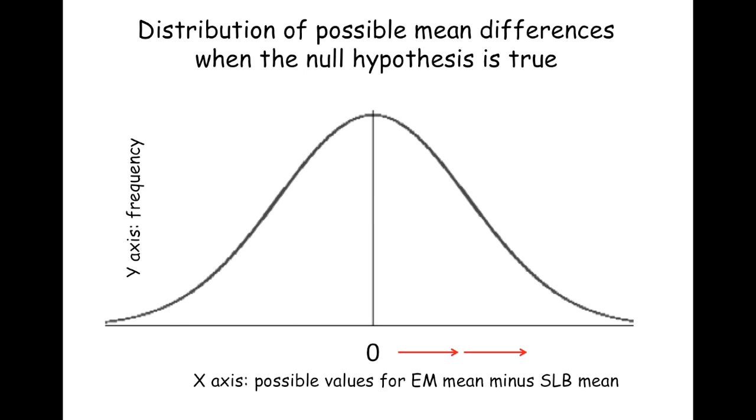The further away the sample results are from 0 in the positive direction, the more likely they are to reject the null hypothesis, because such results are much less likely to occur when the null hypothesis is true. They're only looking in the upper half of the distribution because the research hypothesis states that the elastic module system results in higher mean plaque scores.